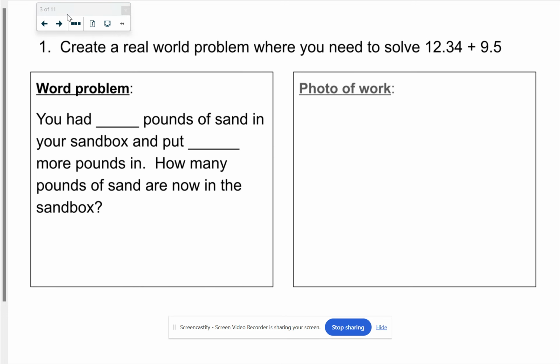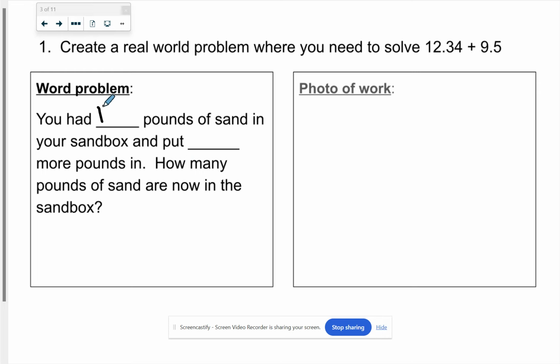All right, so question 1, create a real-world problem where you need to solve 12 and 34/100ths plus 9 and 5/10ths. We have a frame here from the sample guide. You had some pounds of sand in your sandbox and put some more pounds in. How many pounds of sand are now in the box?